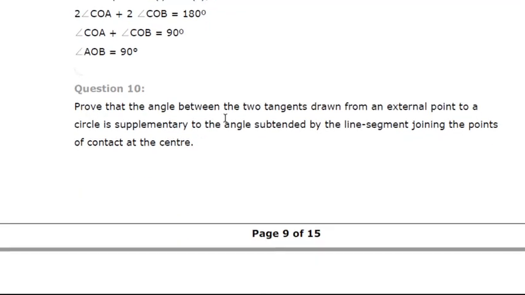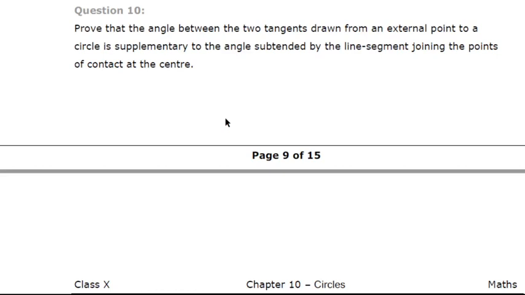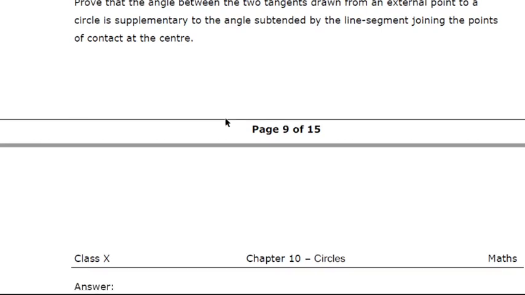Okay, now question number 10. Prove that the angle between the two tangents drawn from an external point to a circle is supplementary to the angle subtended by the line segment joining the points of contact at the center.